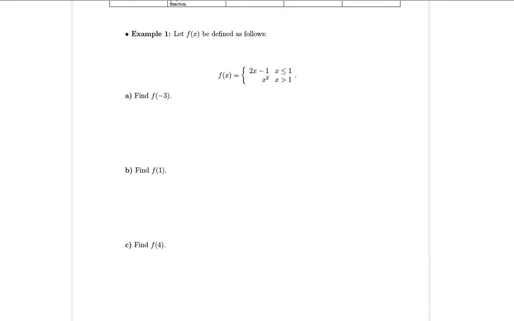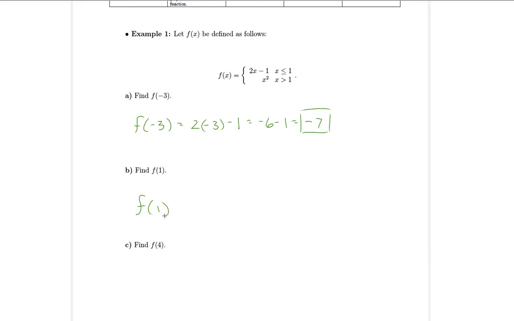So when I'm asked to evaluate something like f of negative 3, I have to decide which one of these intervals it's in. But of course, negative 3 is in the interval where x is less than or equal to 1. So in that case, I use the 2x minus 1 formula to answer the question. So we would say f of negative 3 is negative 7.